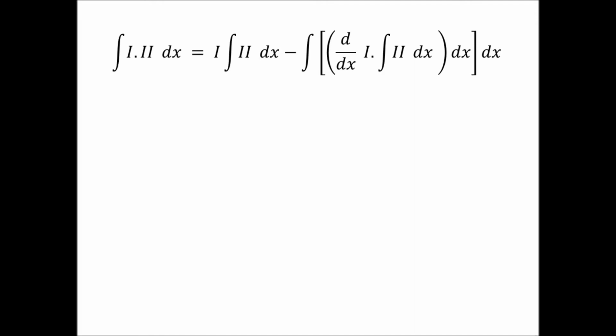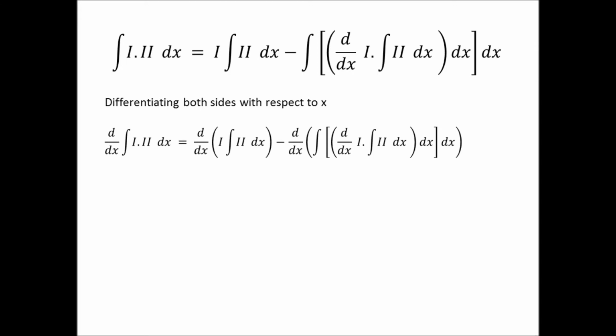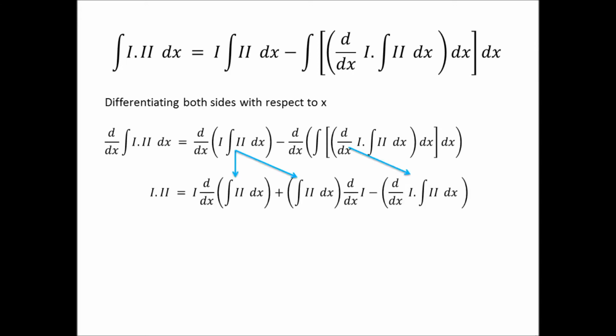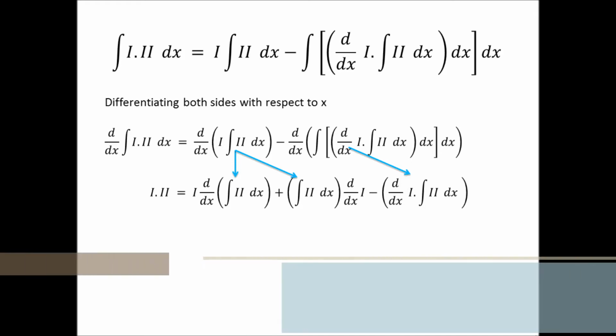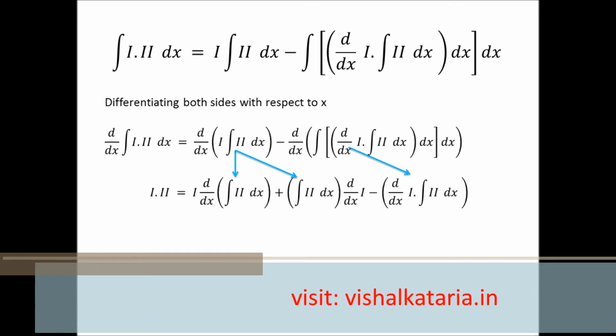Let's verify the given formula obtained. Check whether it satisfies the definition of integration or not. Let us differentiate both sides with respect to x. Left hand side will be only 1 into 2, and on the right hand side, for the first term I will apply the product of two functions, and for the second term on RHS, again derivative and integral will cancel each other, and this is what we will obtain.